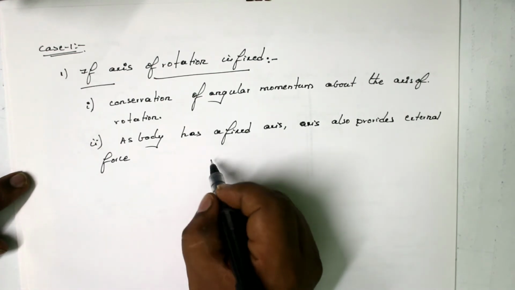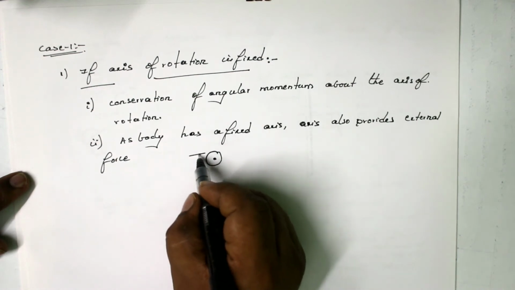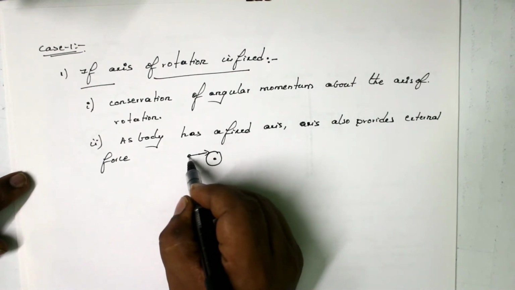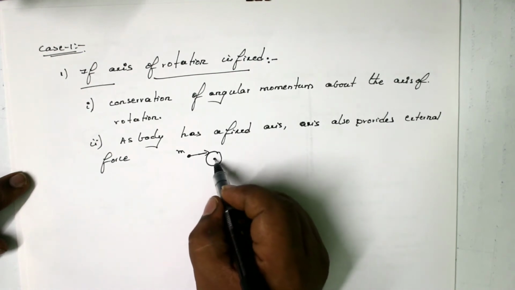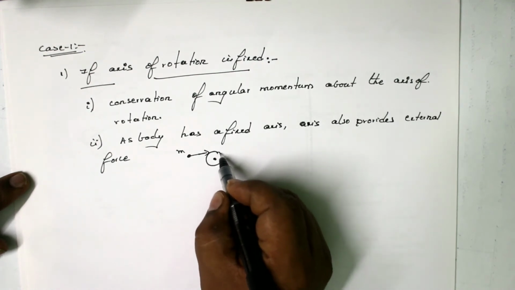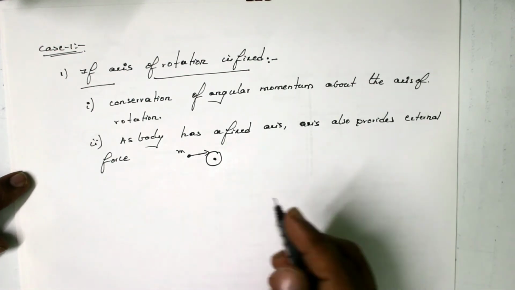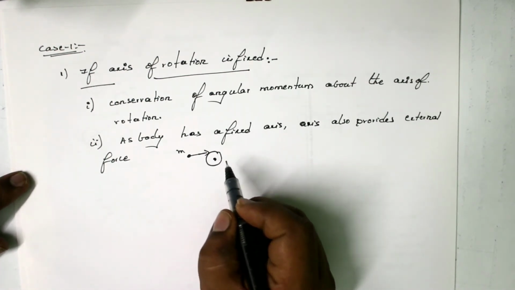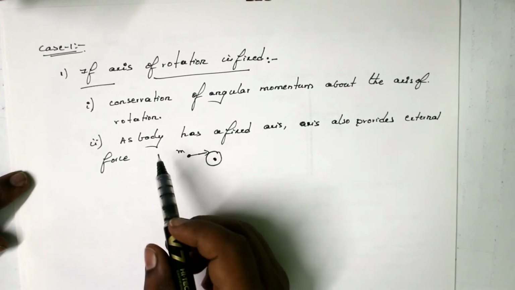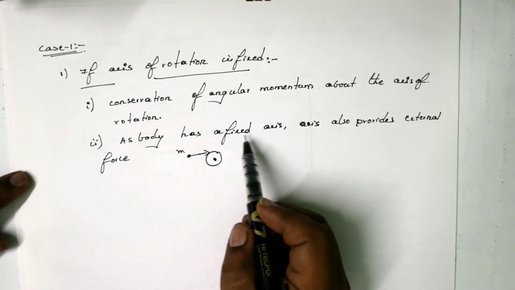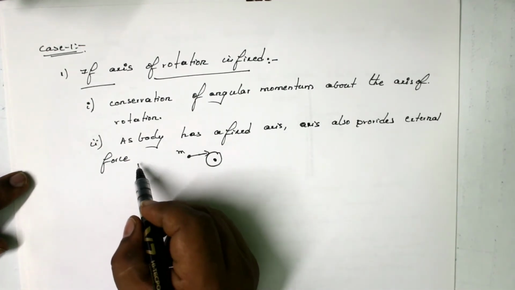For example, if this is the body and this is the axis of rotation, and I apply a force here, or a small mass comes and collides with this one, then if there is no axis of rotation, this body should undergo translatory motion as well as rotatory motion. But this translatory motion is opposed by the axis of rotation. So if a body has a fixed axis, the axis also provides some external force.